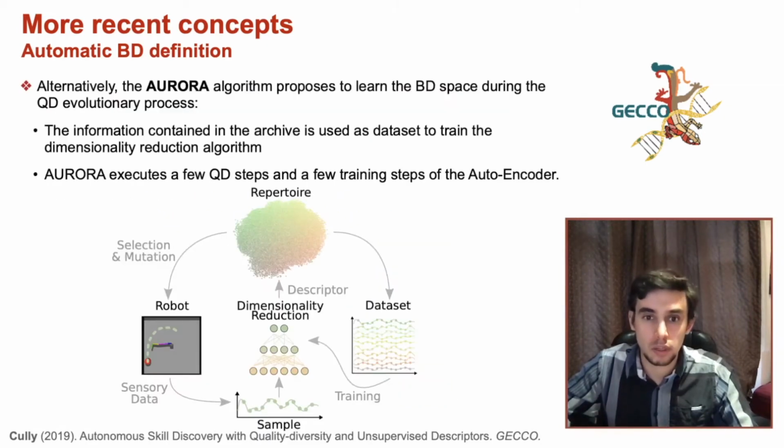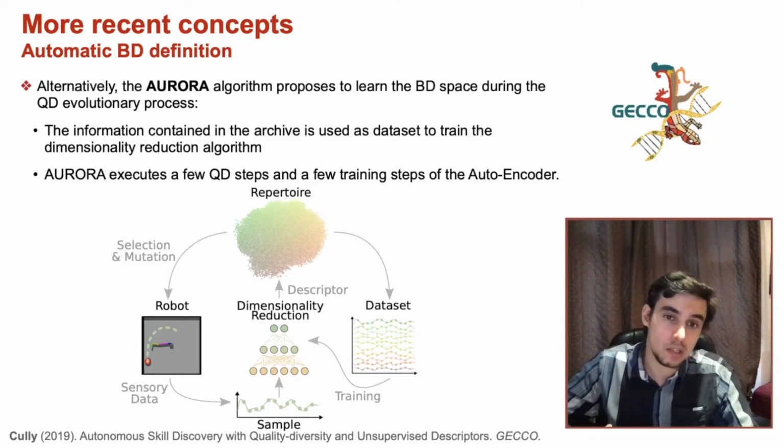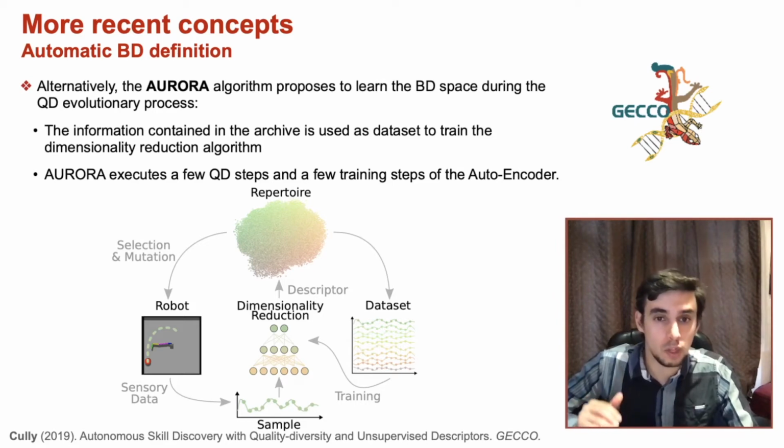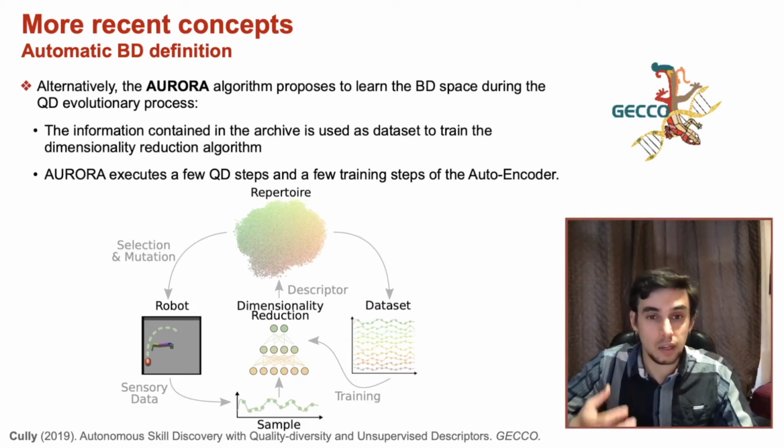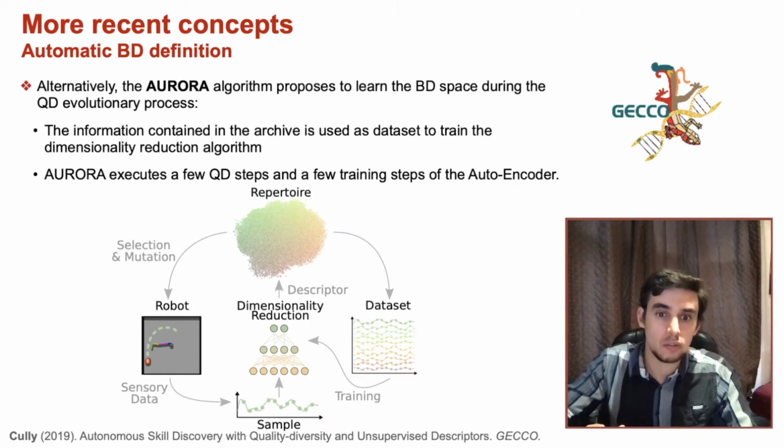In the previous work, we used a predefined dataset to pre-train the autoencoder. In a work that we published last year at GECCO, we wanted to move a little bit further by using the content of the collection in order to train the dimensionality reduction algorithm at the same time, during the evolutionary and quality diversity process.